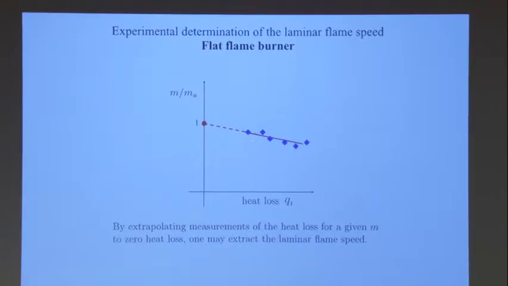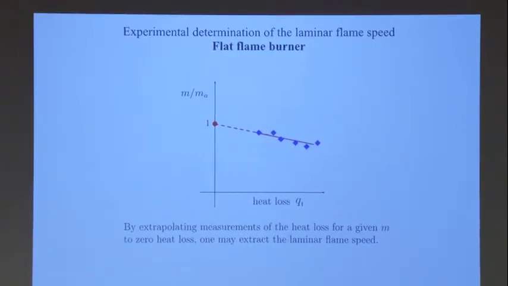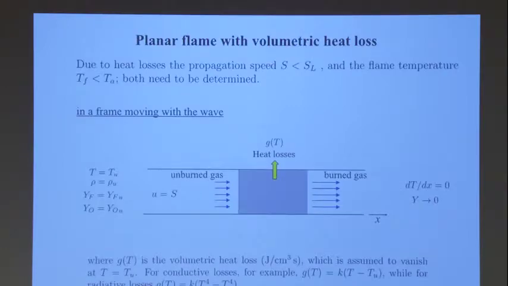Those are those different blue points, and you take a regression curve all the way to when the heat loss is equal to 0. The ratio of m to ma should go to 1, and that gives you the laminar flame speed, or the flux, the adiabatic flux. So it's one way of measuring experimentally the laminar flame speed. I will show you a few others that will come from the examples that I will be doing.